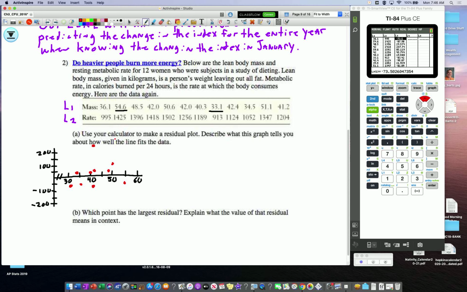And the last one was 51 and negative 81, so something about right there.